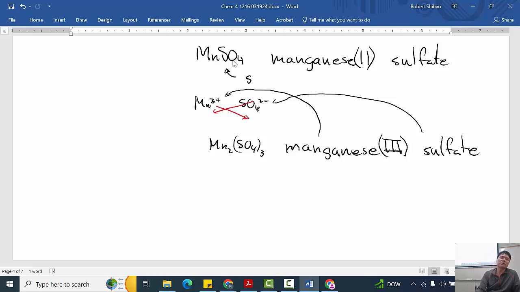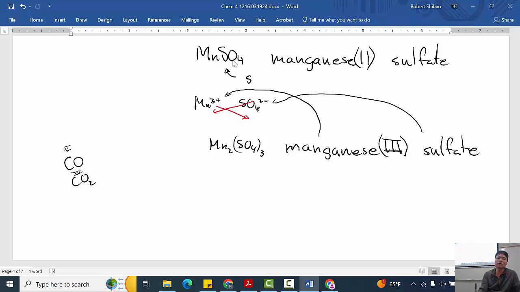But we have to use the prefix here, like CO versus CO2. We can't call these both carbon oxide. One's called carbon dioxide, the other's called carbon monoxide. That's because carbon has variable charge. It could be 2 or 4. If we call this carbon 2 oxide, fine, and that carbon 4 oxide, that works.